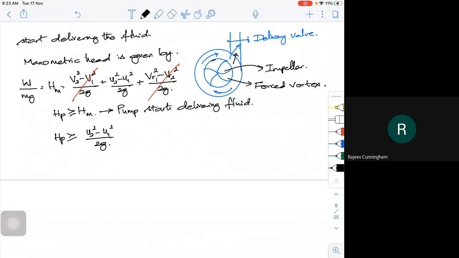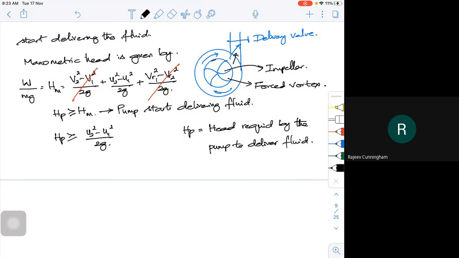That means HP is the head required by the pump to deliver fluid. What is U1 and U2? U1 is equal to your peripheral velocity, pi d1 n by 60. So your U2 is pi d2 n by 60.